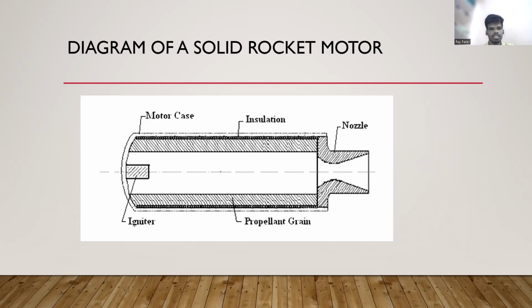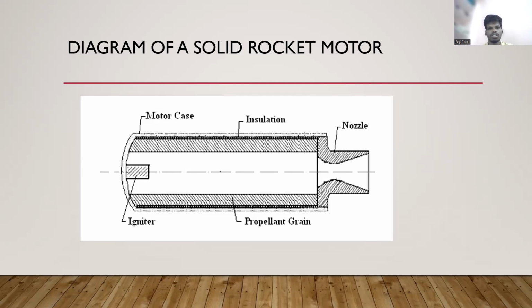Here, the function of the motor casing is to resist the heat from the rocket engines. The casing is generally made up of aluminum alloys, titanium, and nickel.